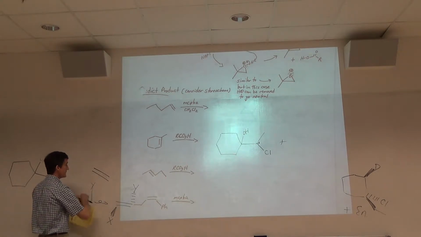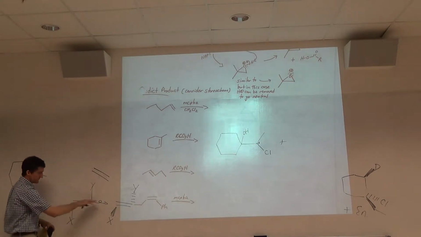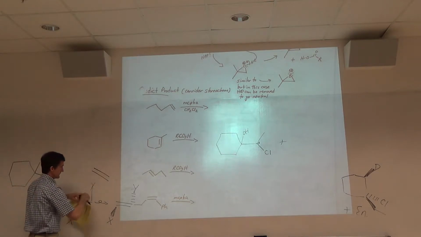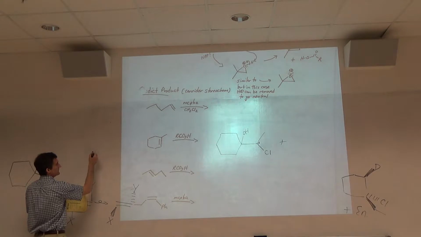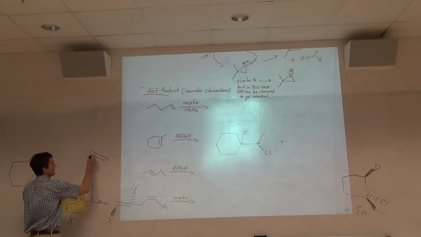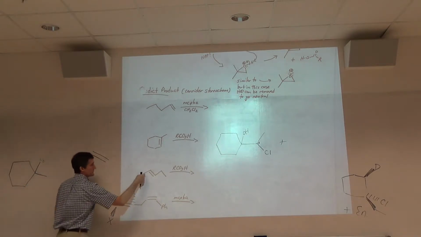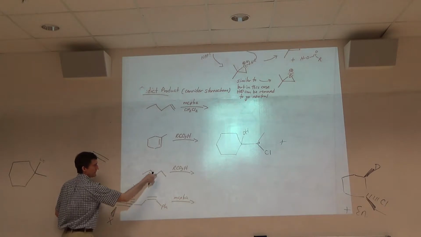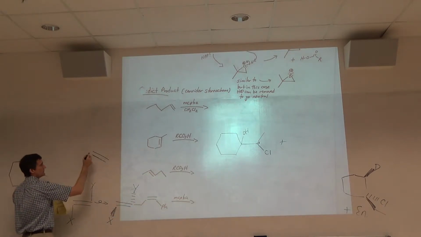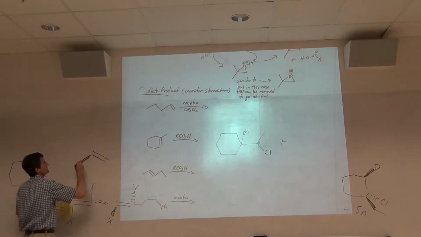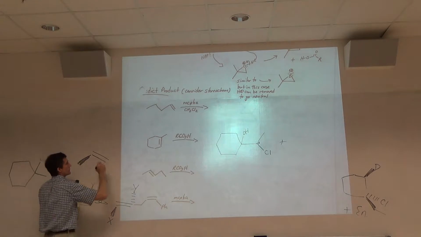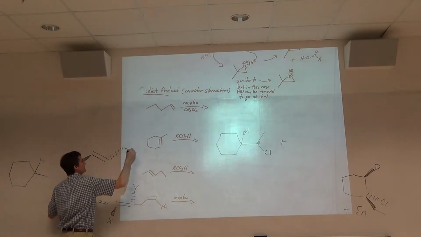The same thing up here, except instead of horizontal, it's a little bit turned there. I'm going to lift it up a little bit. Boom. These groups are trans about the double bond. The methyl and the alkyl are trans. You can do it either way you want, as long as they're trans. I'm going to draw this one forward, and I'm going to draw this one like this.